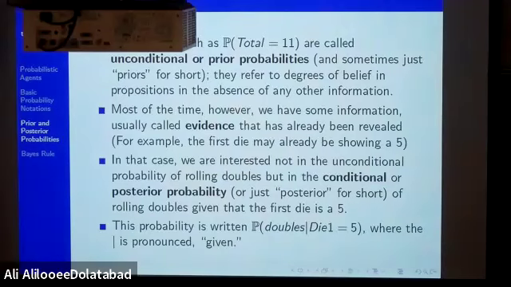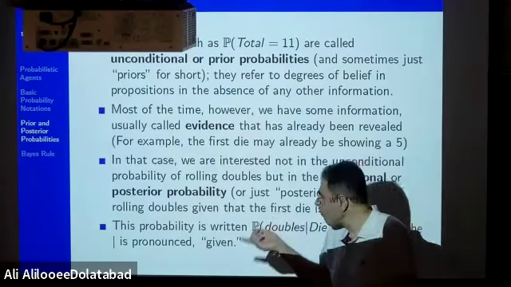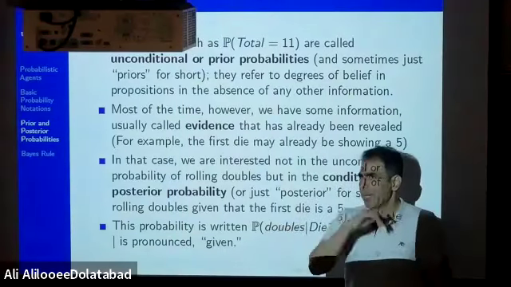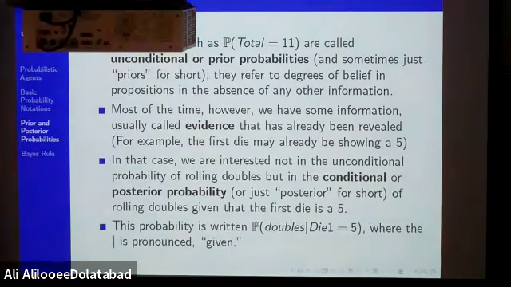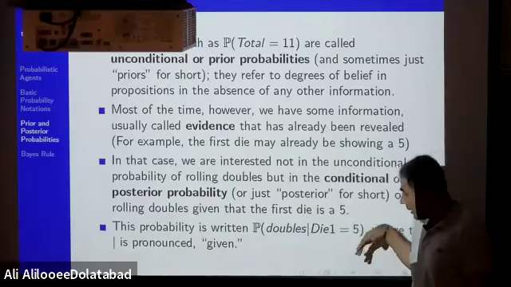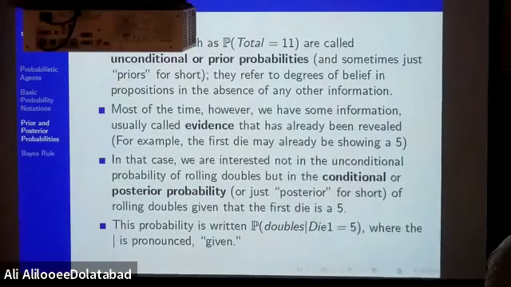For short, we want to find the probability of rolling doubles given that the first die is 5. Suppose you want to find the probability that the total of the 2 dice you roll is 11, with the condition that the first die shows 5. This kind of probability is called conditional probability.